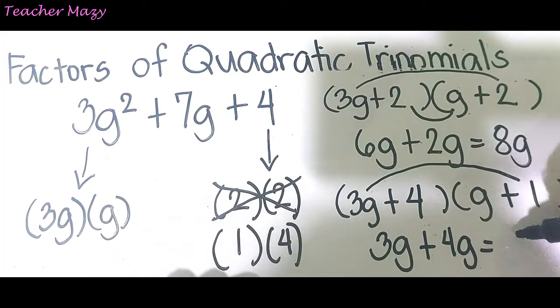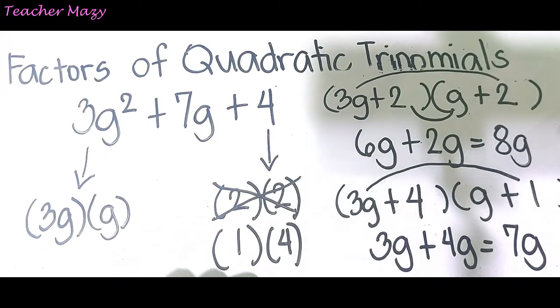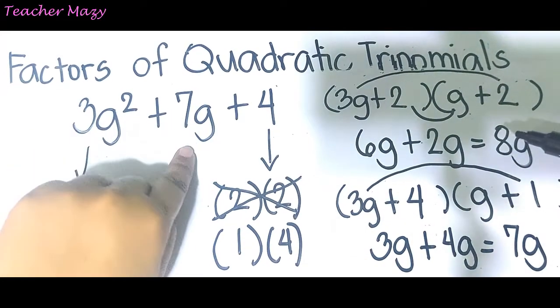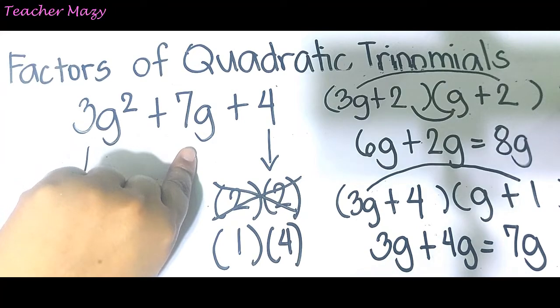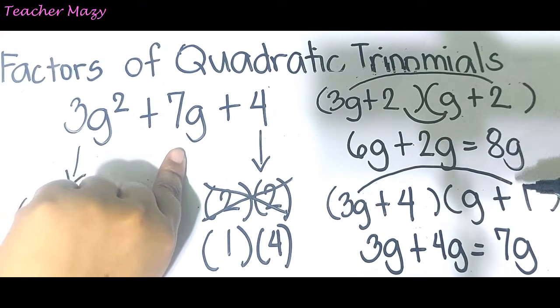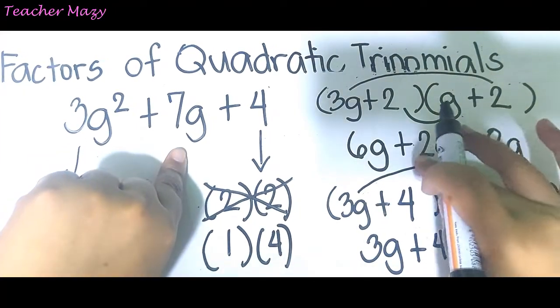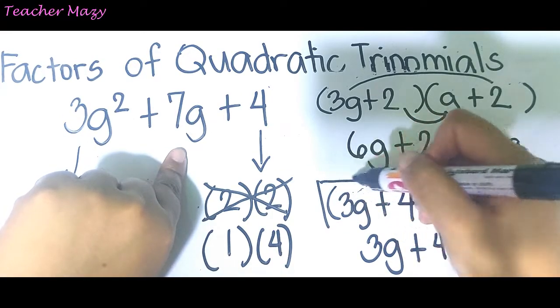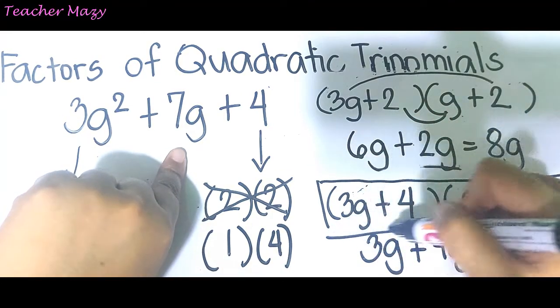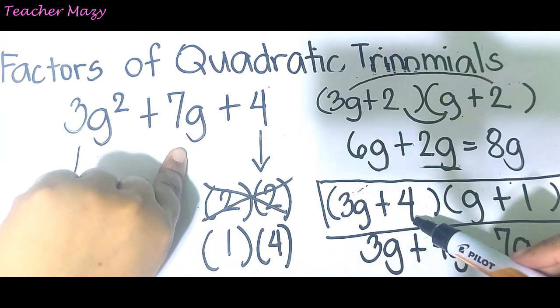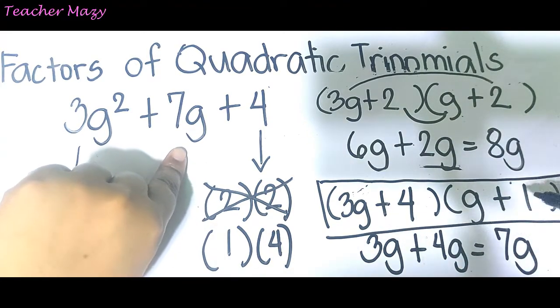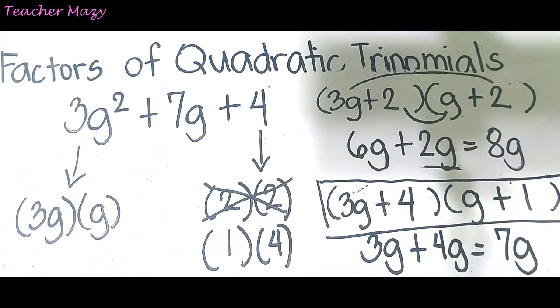If we add them, that is equal to 7g. And there we go, we obtained the middle term. So the factors of this quadratic trinomial are 3g plus 4 times g plus 1, and that's it. That's how you get the factors of a quadratic trinomial using the form ax squared plus bx plus c.